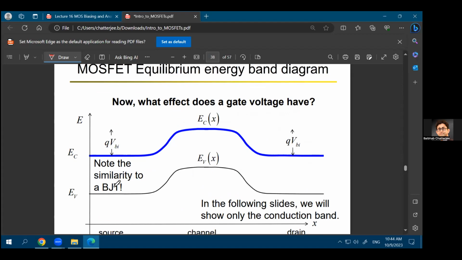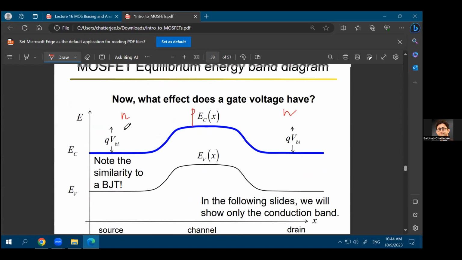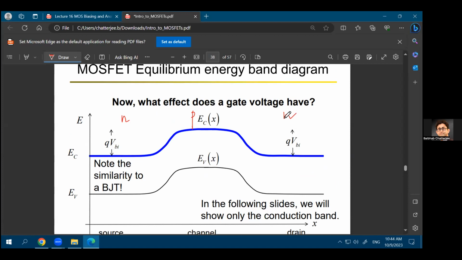Why is that? Because on the left-hand side you have an n-type semiconductor, in the middle you have p, and again on the right-hand side you have n. Now you already know from the previous class that if you have an n-type semiconductor, you have an excess of electrons.